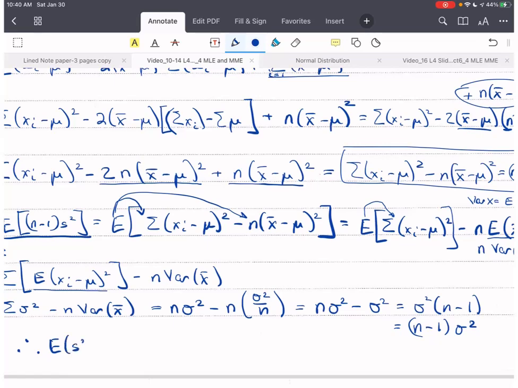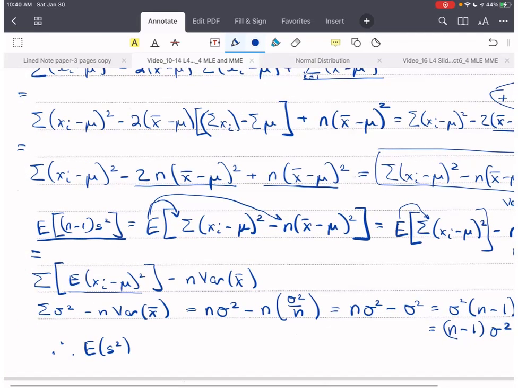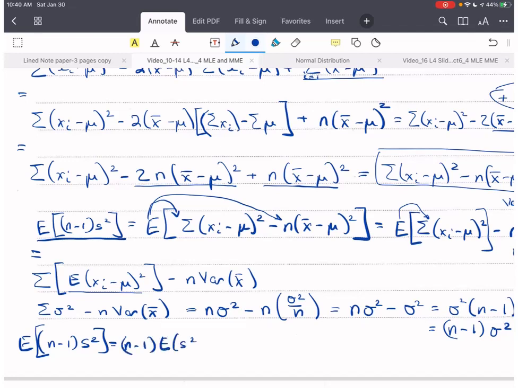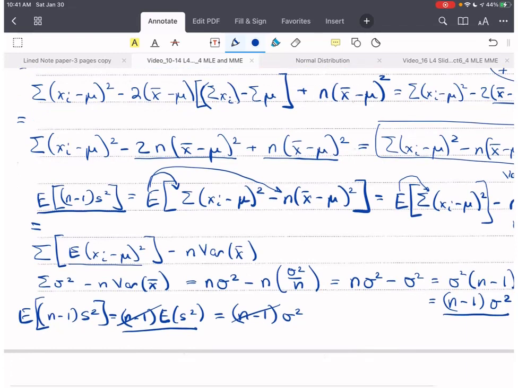E of S squared. So when I rewrite this, let me do this fully, every step. So I've got E of n minus 1 S squared equals n minus 1 E of S squared. And so this quantity is equal to this quantity. So these cancel out, and this leaves E of S squared is equal to sigma squared.